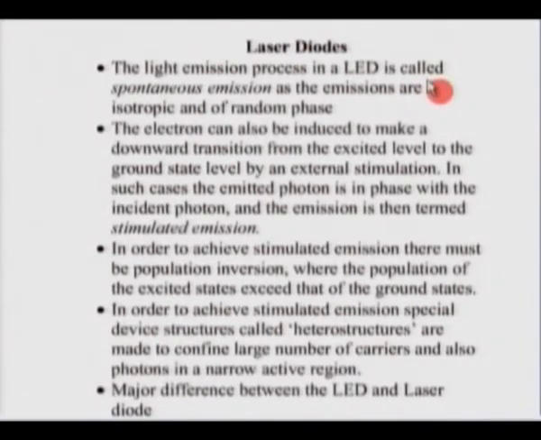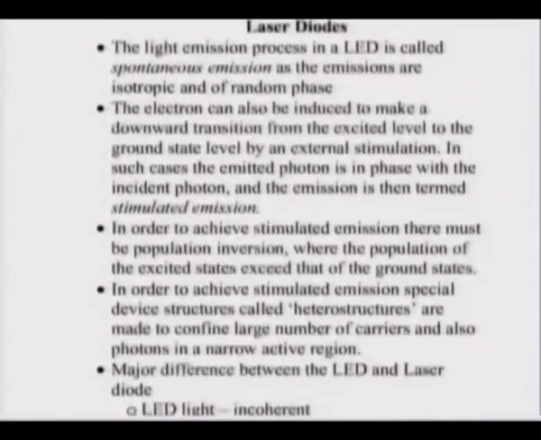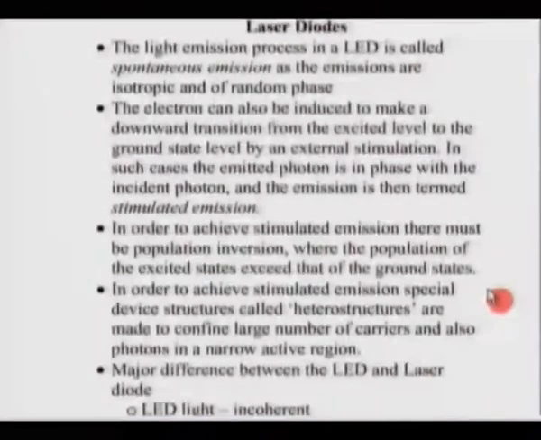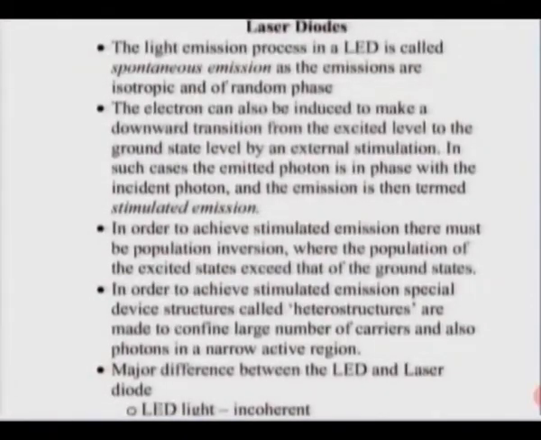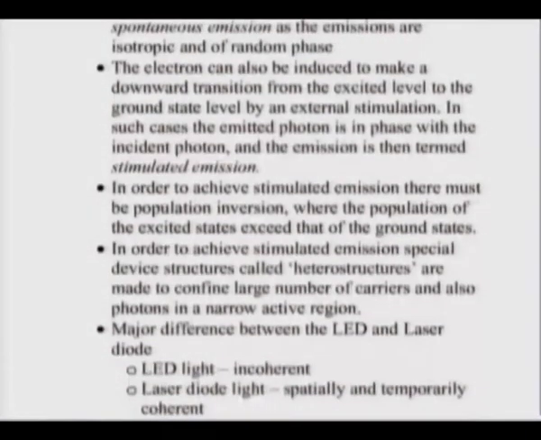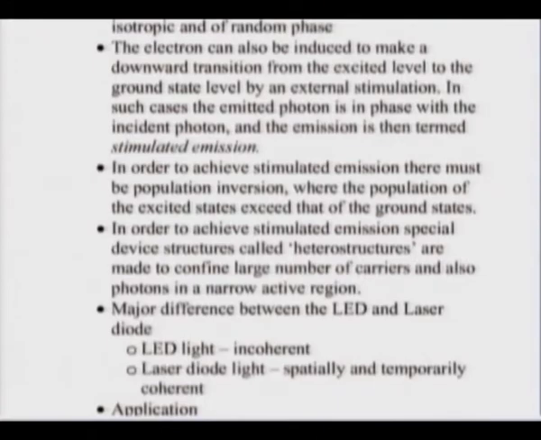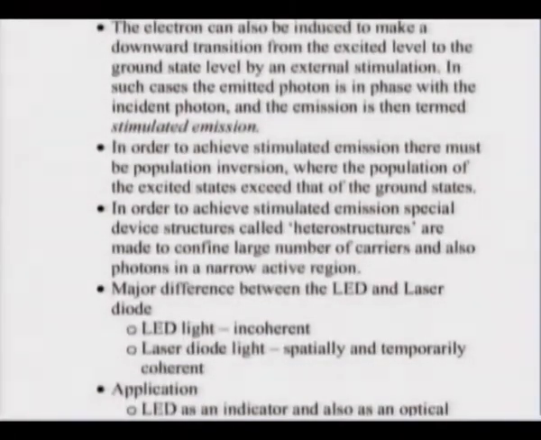We also talked about laser diodes, where the process is called stimulated emission, where the light which is emitted is coherent both spatially and temporally, and to achieve population inversion, they use special structures called heterostructures, which are made of different materials with slightly different band gap but matched.